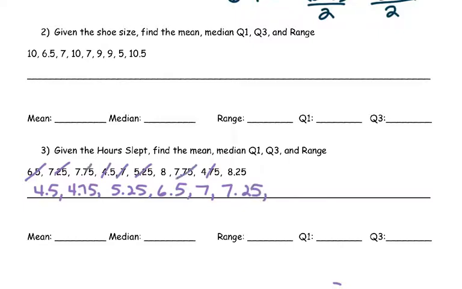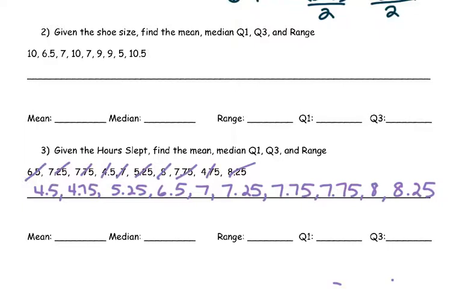I've got 2 7.75s. One 8, and then last my 8.25. So the mean, you know, add them up and divide by how many you have.